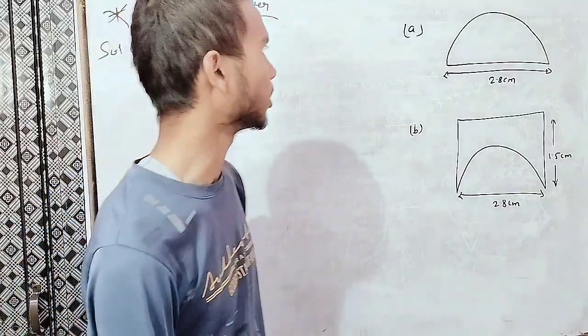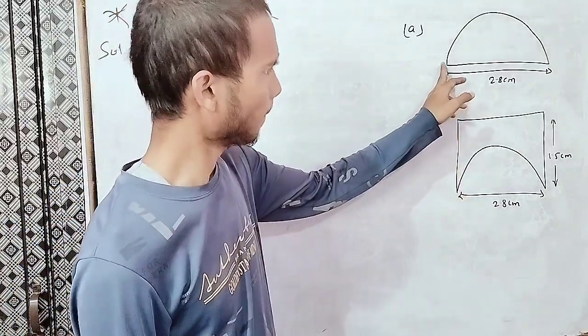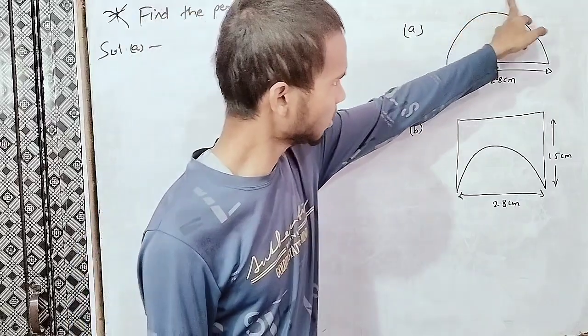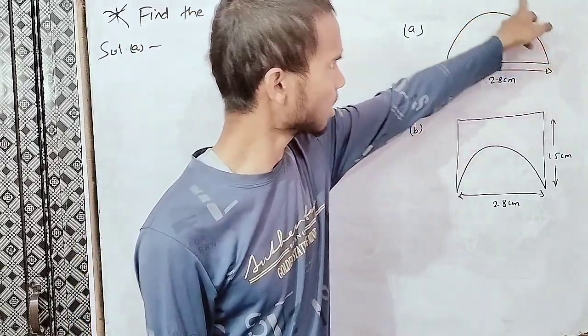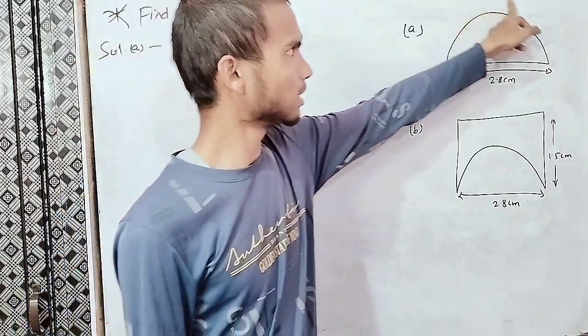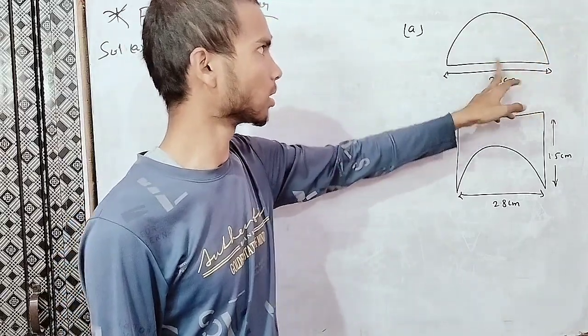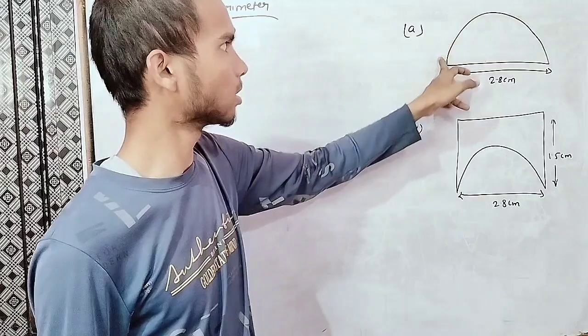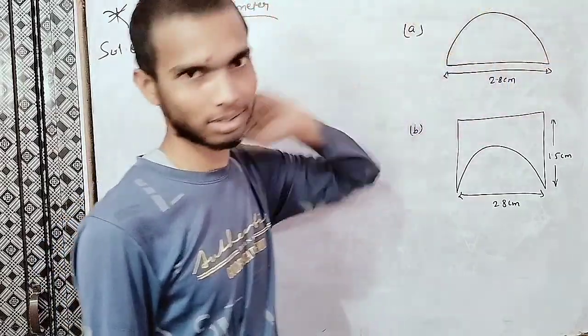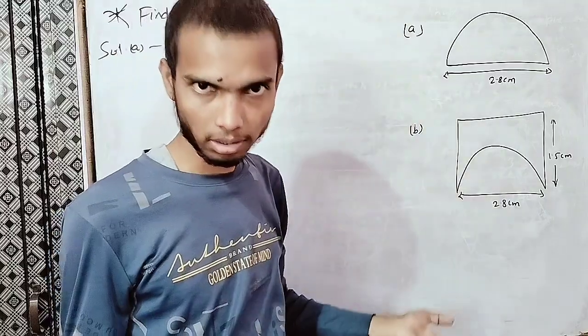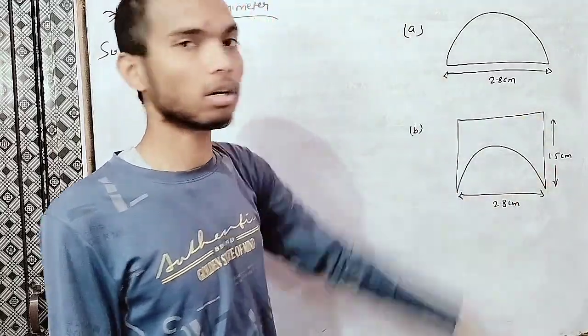You already found it. Now, what is the length of this boundary? I am not saying this boundary, this curve. What is the length of this curve? We don't have the measure of this curve length.